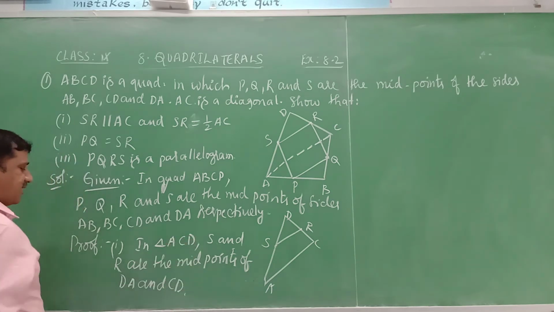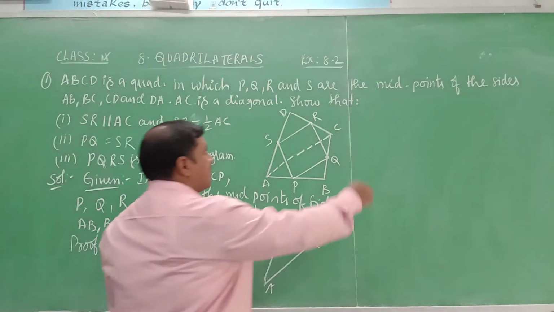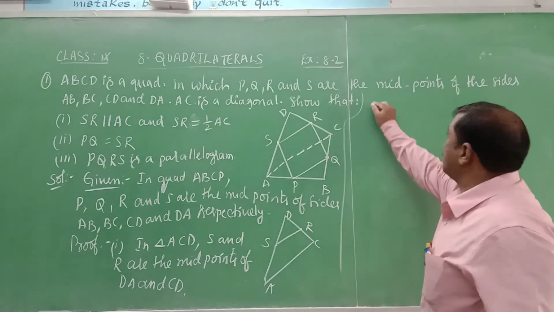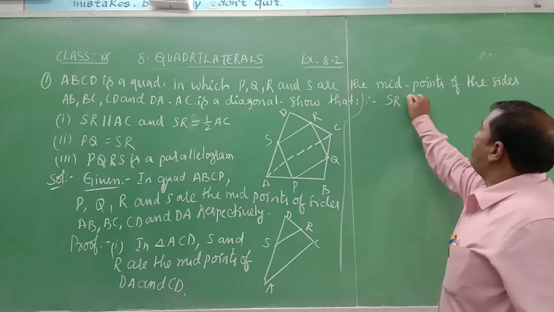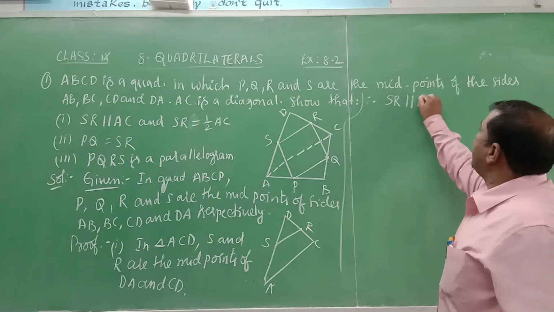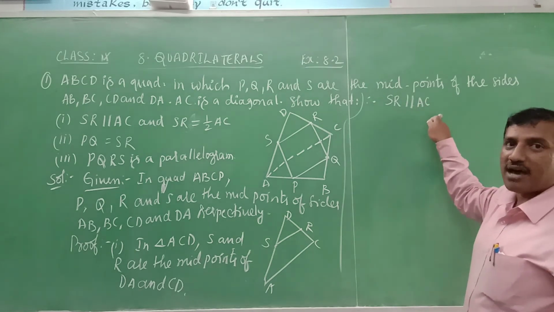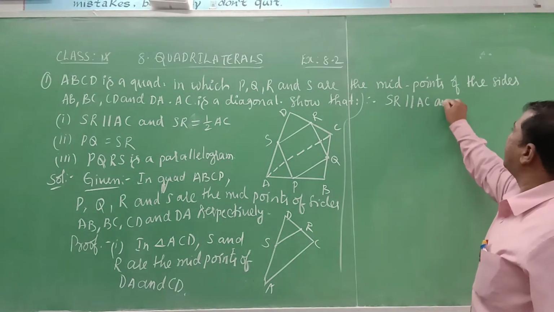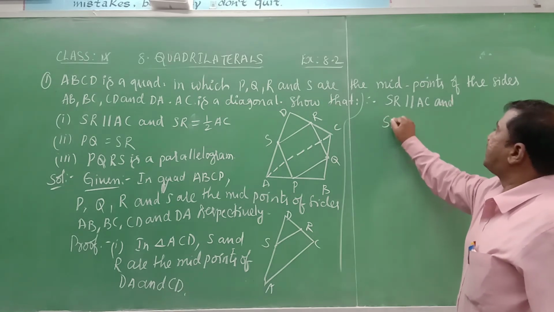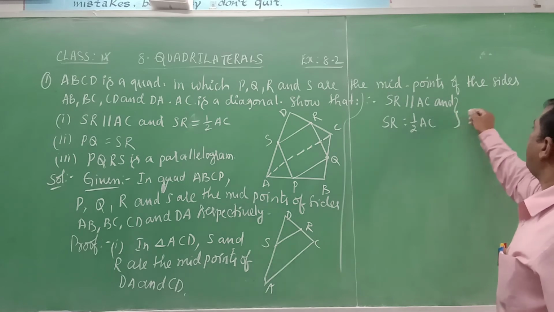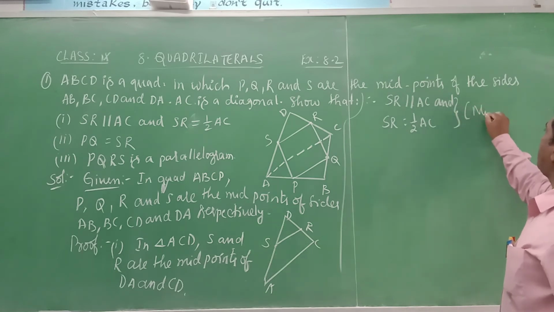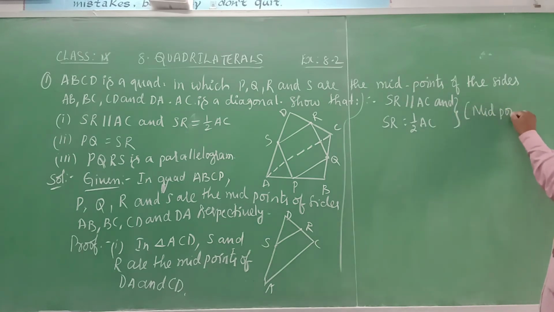Therefore, what can we write using the midpoint theorem? SR is parallel to AC and SR is half of AC. How? By using the midpoint theorem. Yes, first one is done.